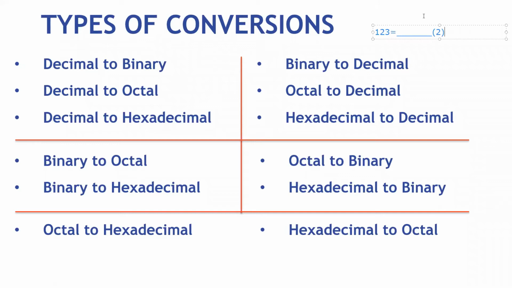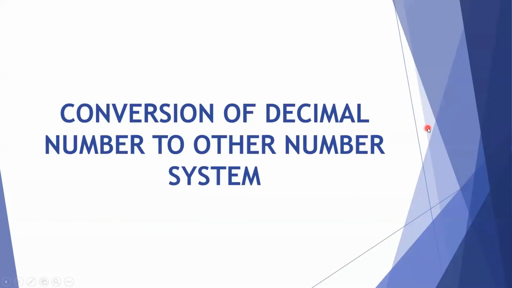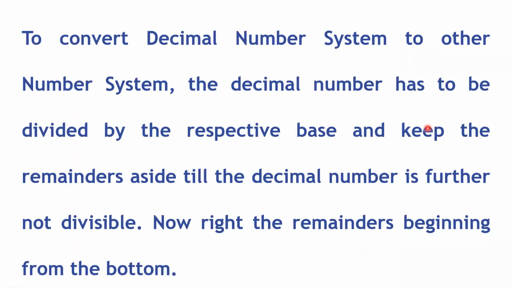So I'll begin with the first group, that is decimal to other number system conversion. Conversion of decimal number system to other number system. So how are we going to convert? To convert a decimal number system to other number system, a decimal number will be given. That decimal number we are supposed to divide by the respective base.